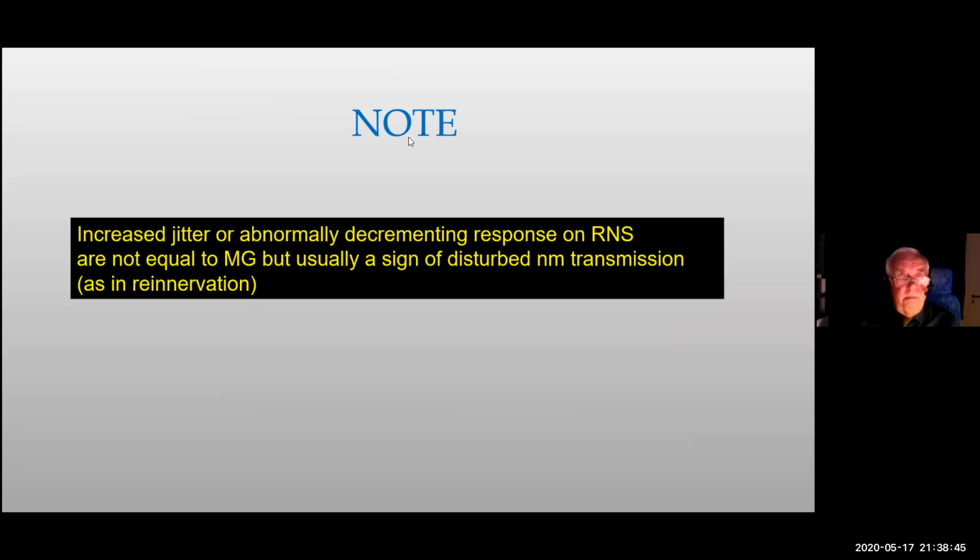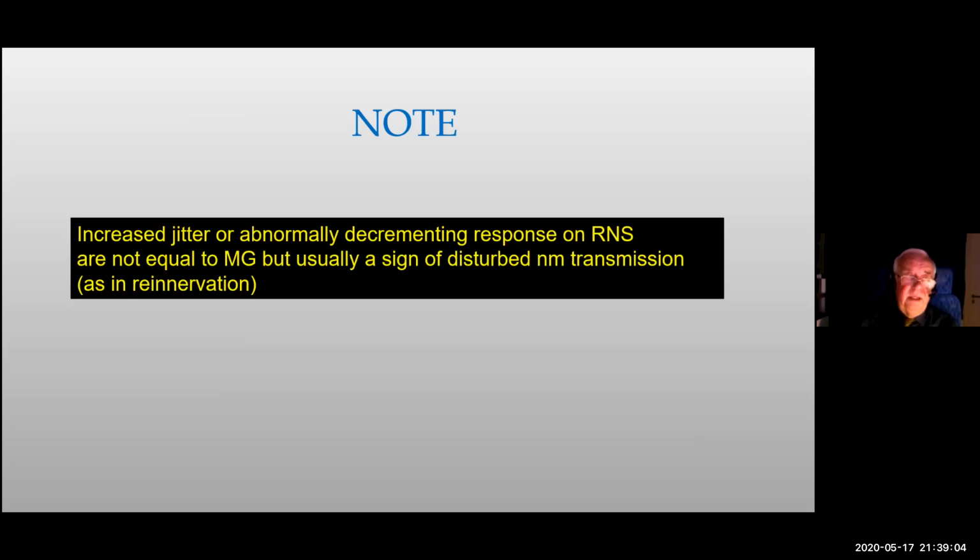Now here's an important thing, that increased jitter and also abnormal decrementing response is not equal to myasthenia, but it says disturbed neuromuscular transmission.